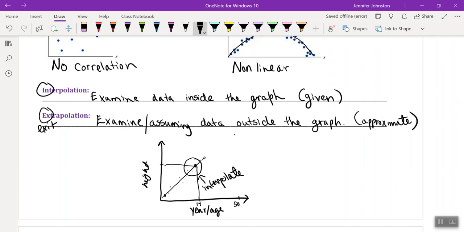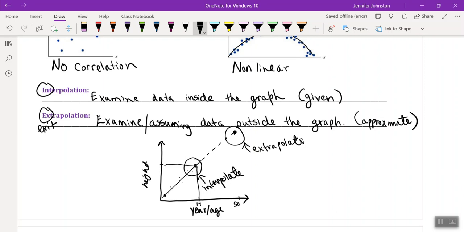However, when you turn 50, the line of best fit is used to extend and see if we can get another piece of data outside. This would be extrapolation. To extrapolate something, to assume something that continues on.